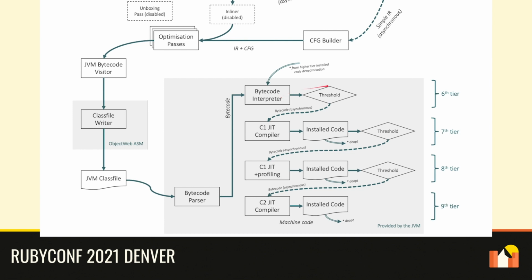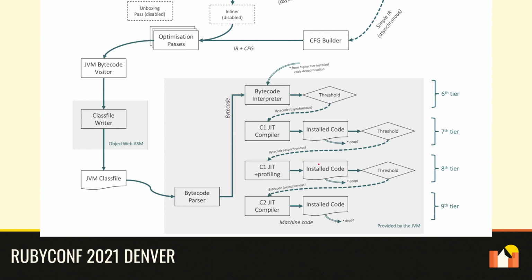And then it's subject to a threshold to be compiled into actual machine code by one of the JVM's JIT compilers. And the JVM has 2 JIT compilers, but it runs them in 3 different configurations. So the simplest compiler, called C1, that is another threshold, and that decides to then run in C1 with extra profiling, so to gather more information.